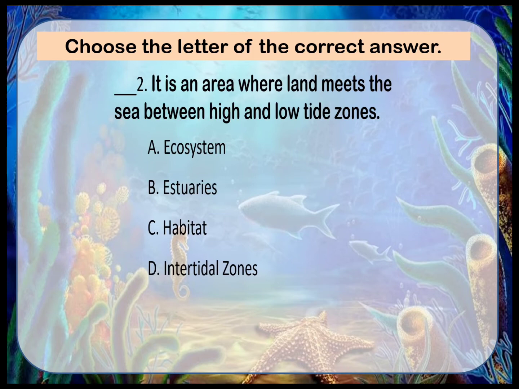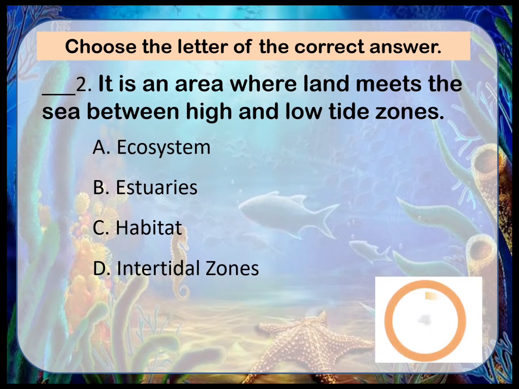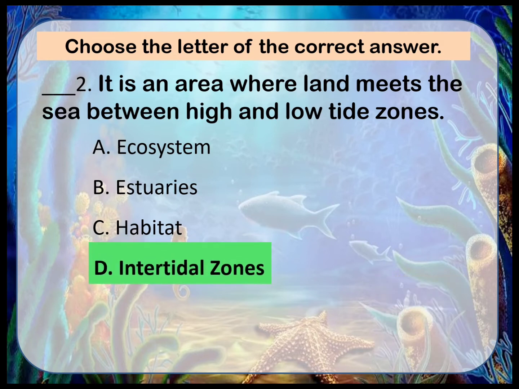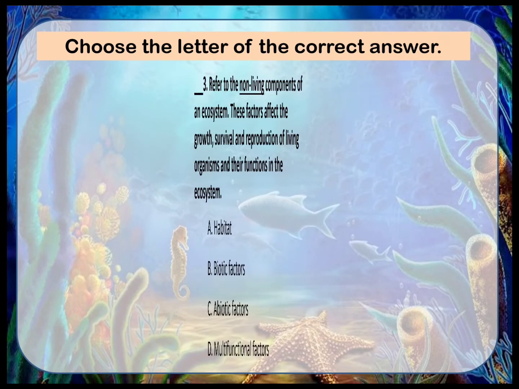Moving on to number 2. It is an area where land meets the sea between high and low tide zones. A. Ecosystem. B. Estuaries. C. Habitat. D. Intertidal zones. The answer is D. Intertidal zones. Number 3.